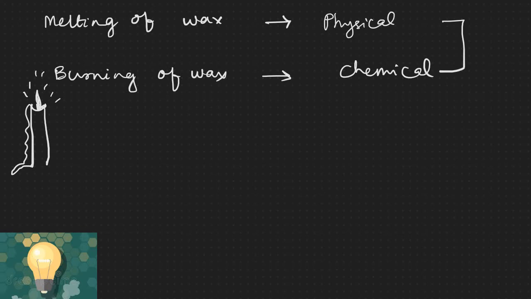You cannot collect what is already vaporized into the air. That's why melting of wax and burning of wax are two different terms. One is physical, and burning of wax is always chemical. But whenever we light a candle, both of them happen simultaneously. So this solves our purpose for melting and burning of wax, where physical and chemical changes occur simultaneously.